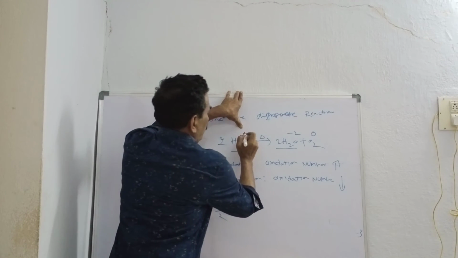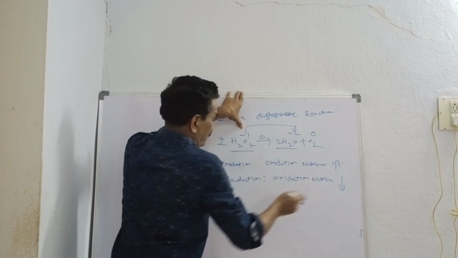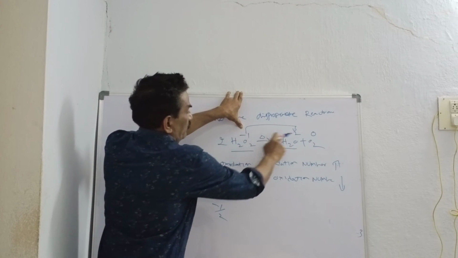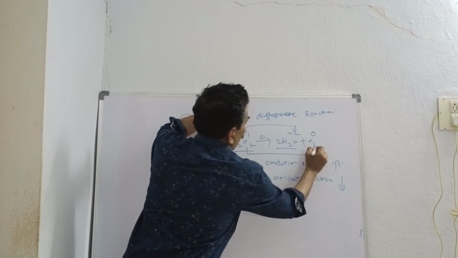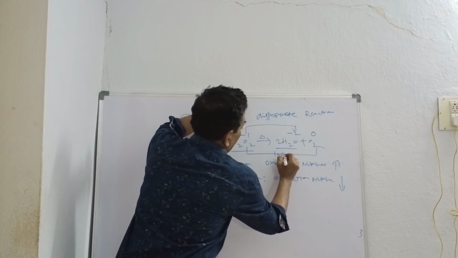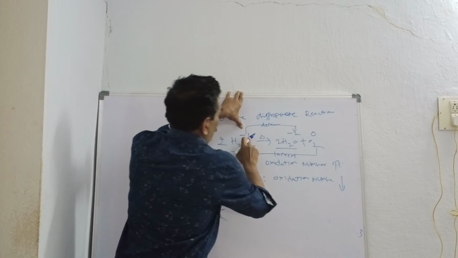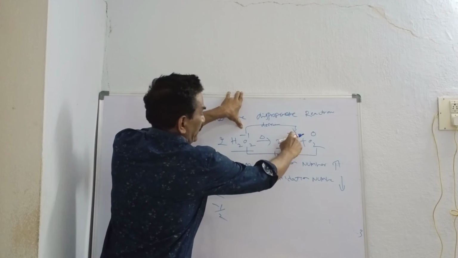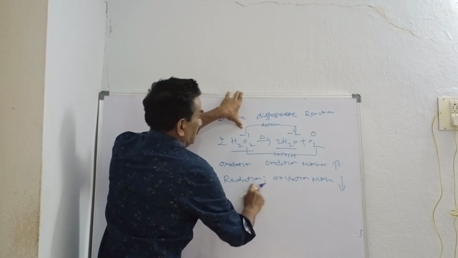So here -1 to -2, decrease. Oxidation number goes from -1 to -2. What I said: oxidation number decreases, that is nothing but reduction.